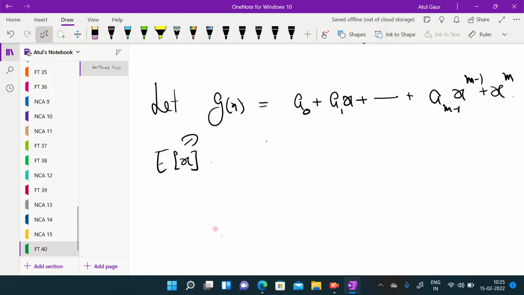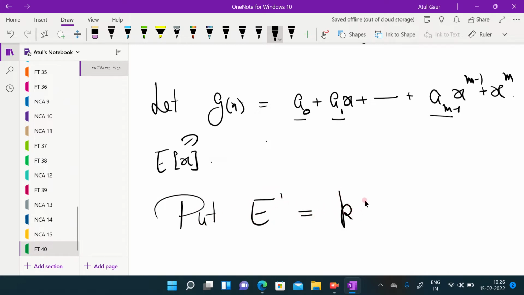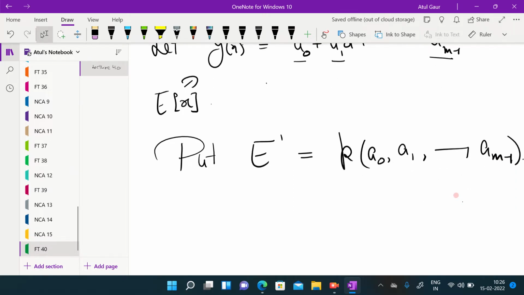What you do, collect all these coefficients a0, a1, up to a(m-1), adjoin all these to K. Put E' to be K(a0, a1, ..., a(m-1)). Where will this E' lie? These coefficients come from E, right?